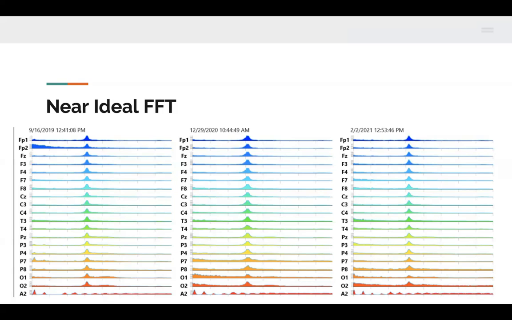Now P7 is further left. It's the furthest left in the perimeter. And P8 is the furthest electrode on the right in the crown. So basically, if you have a crown over your head, in the back a bit, right? That's your parietal lobe. And that's your second lobe that's in your brain.